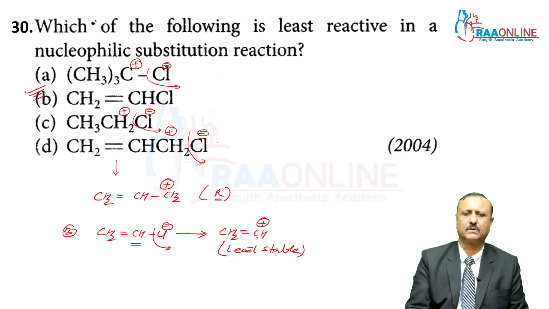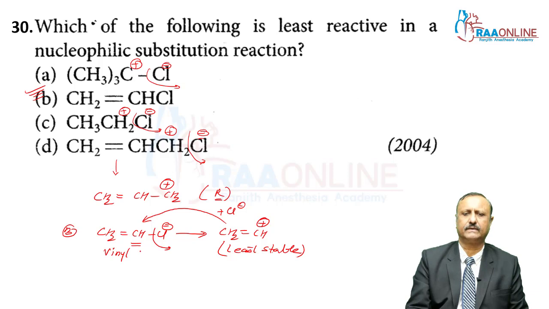It gets the Cl minus ions and converts further into CH2 double bond CHCl. This compound is called, my dear students, vinyl chloride.